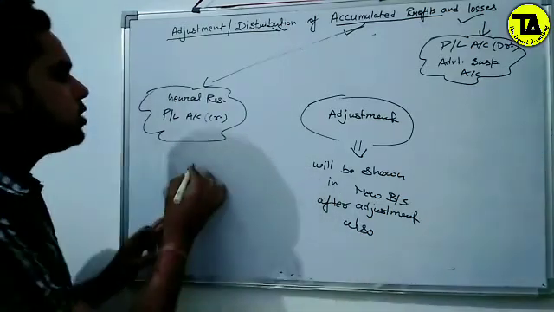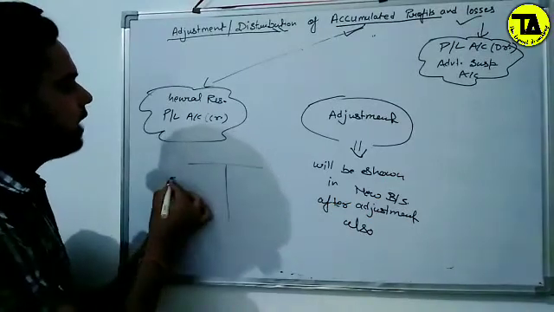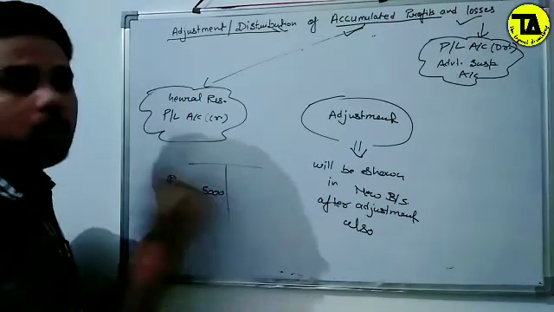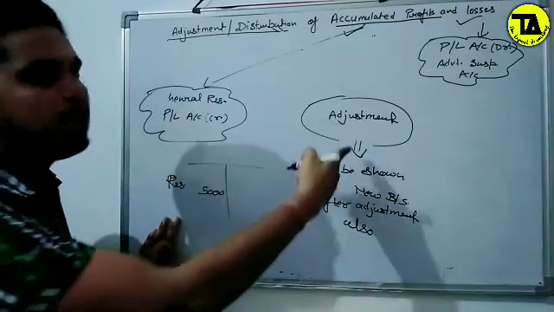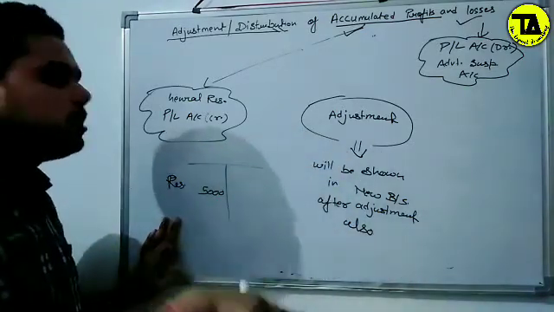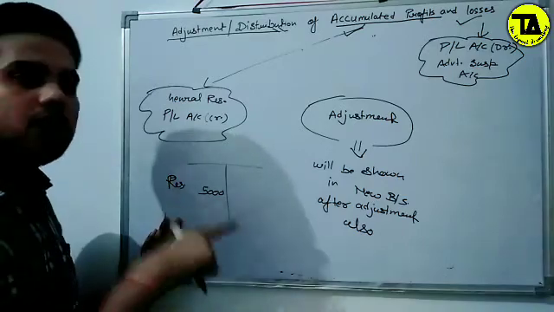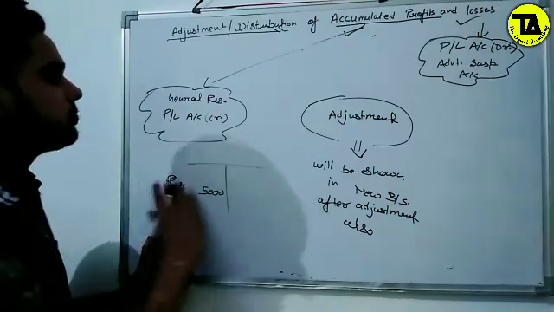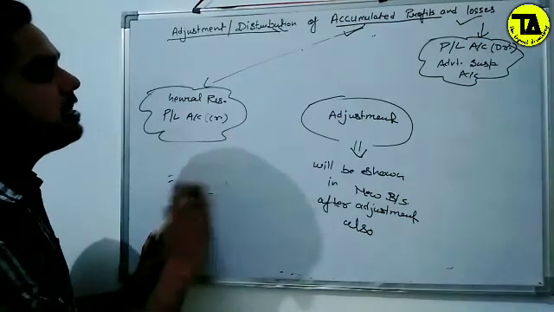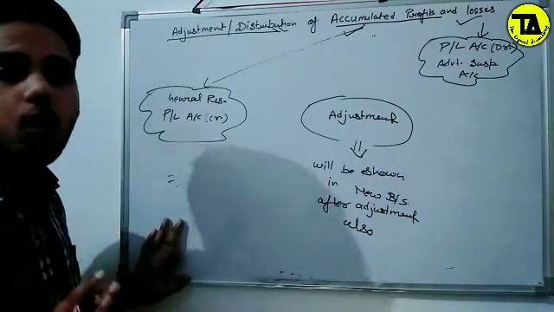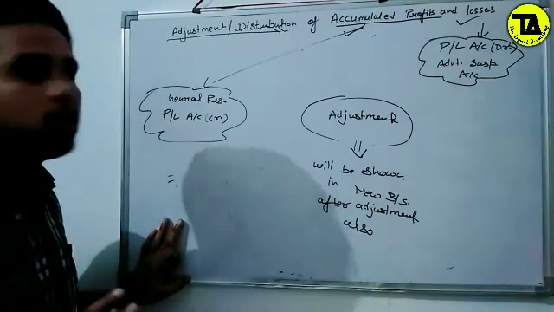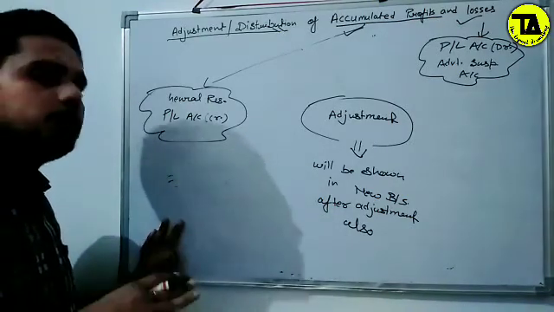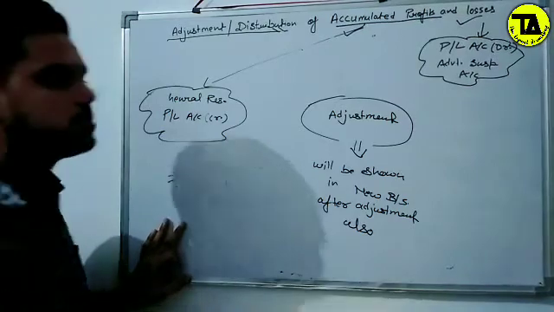If in your balance sheet the reserve was 5,000 rupees, that reserve was 5,000 rupees on the liability side. So after making the adjustment, in the new balance sheet, the reserve will still be shown at 5,000. Okay, I hope it is clear to you. What does it mean? It means adjustment will not change the presentation. Earlier it was shown in the balance sheet, and it will still be shown in the balance sheet after adjustment, right?